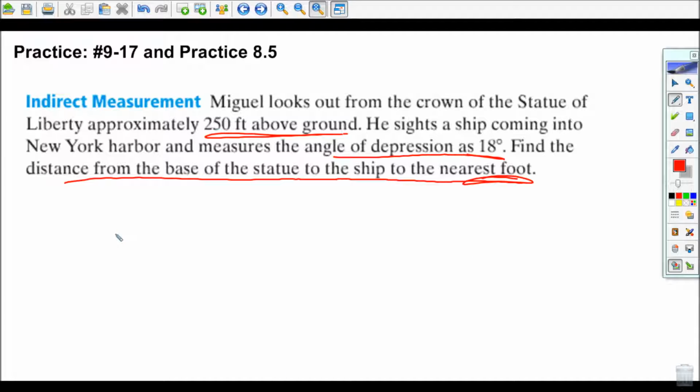So, Statue of Liberty, and the ground, I have to make it more straight. So, Miguel is 250 feet from the ground. He sights a ship. So this is the boat out here.